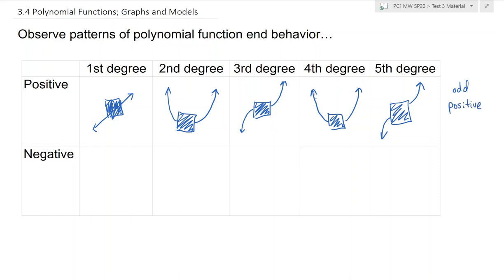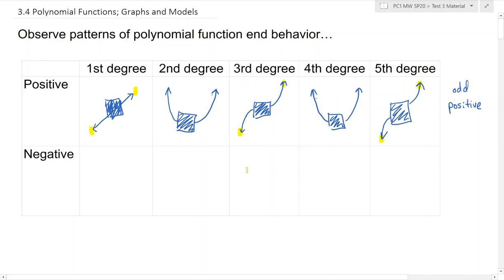So one way that you can think about it being positive, first degree, this would be like y equals positive x, y equals positive x squared, and so on. But if you would take the average rate of change between here and here, you can say that it's positive, okay? Here to here, that's positive. Here to here, that's a positive average rate of change.